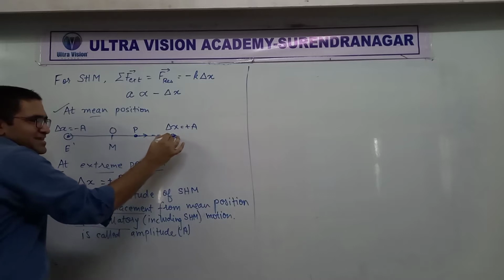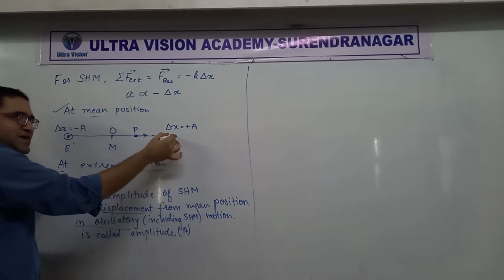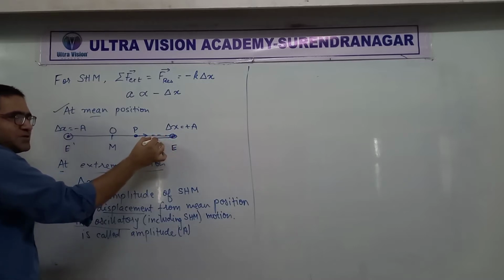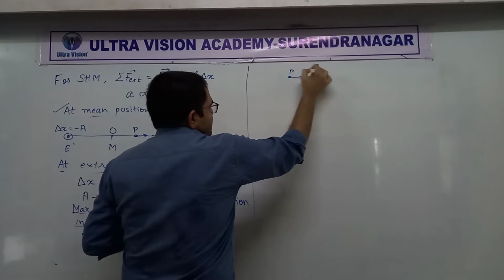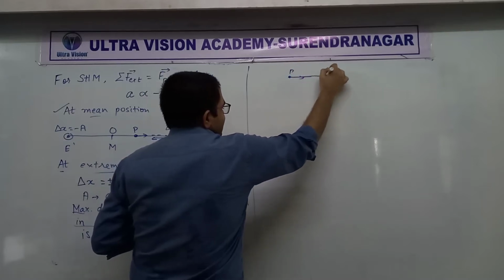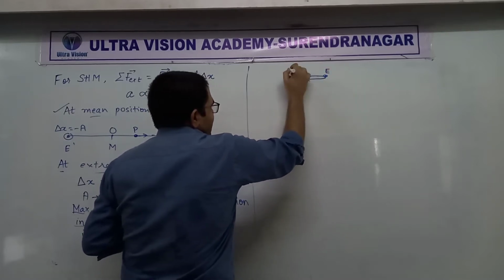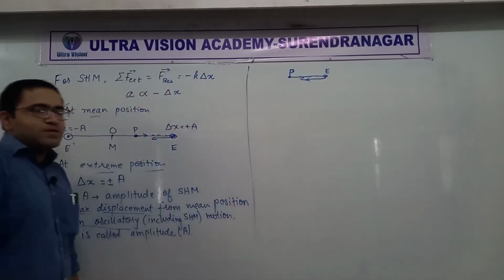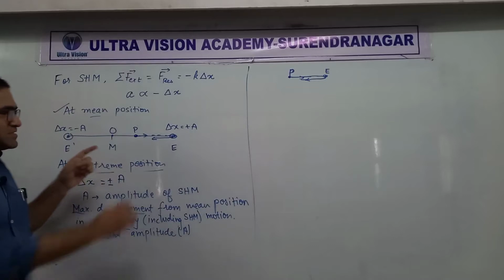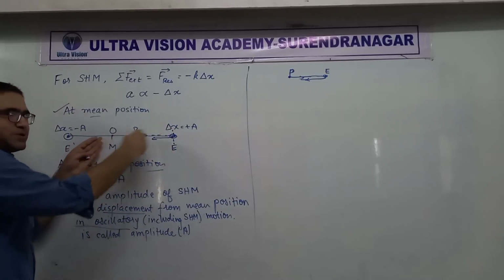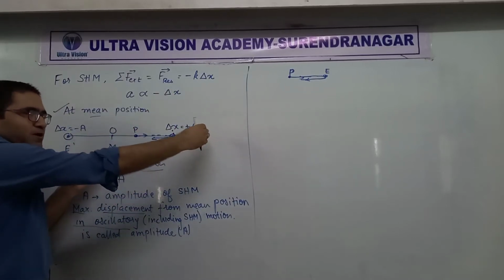It will reach E, and then it will have to turn back. At E it will have to turn back because this is the maximum displacement. It is not going beyond that.